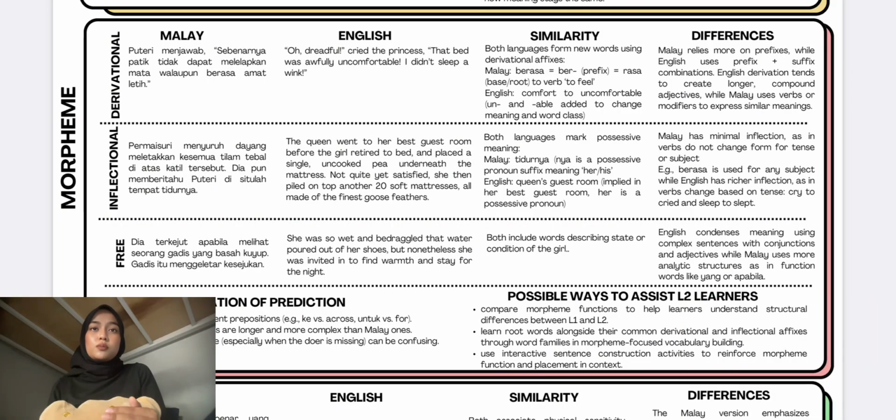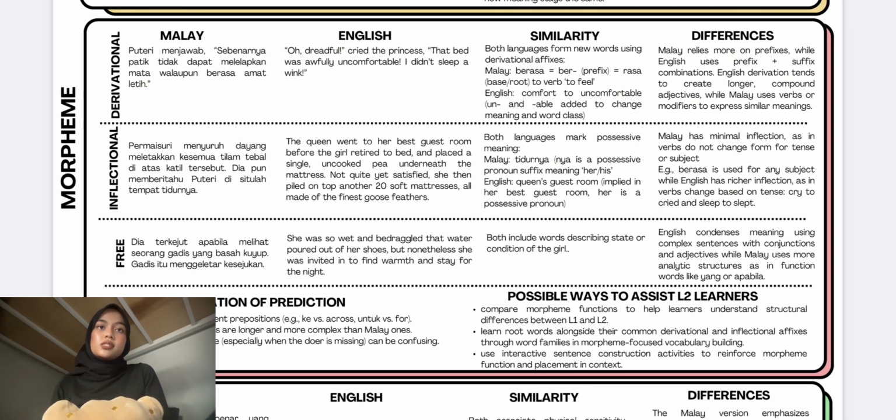So for the possible ways to assist L2 learners to learn the linguistic item morpheme, the first one is L2 learners can explicitly compare morpheme functions, for example, plural markers in English versus Malay, to help learners understand structural differences between L1 and L2 in the usage of contrastive analysis.